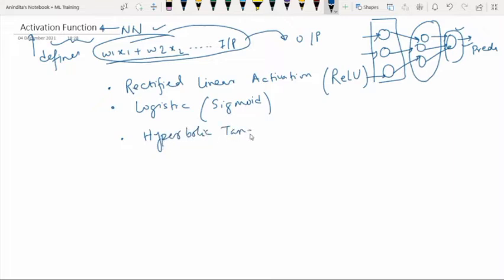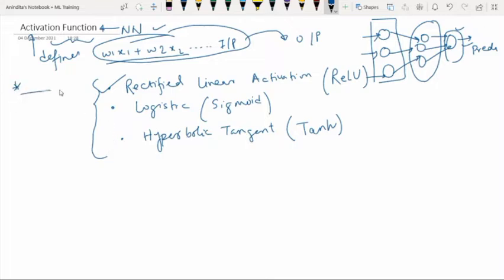Hyperbolic tangent, or you can consider it as the tanh activation function, right? So we will start from the rectified linear activation function and how we can design all these activation functions in our code. So what is our intention?